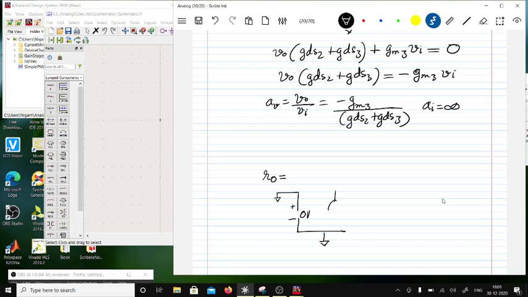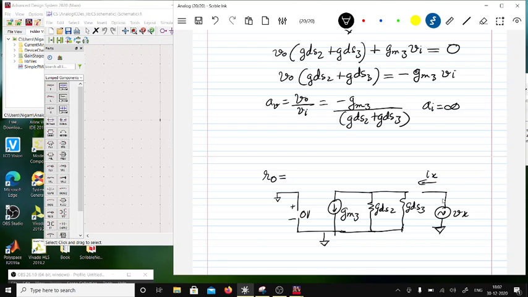That's a small signal voltage. Then the GM current, no current would be drawn in this branch. And then what you have here is GDS2, and then you have GDS3, and then you attach here a small signal voltage Vx, which drives in a current Ix. Now the Ix is only flowing through these two combinations, not through here.